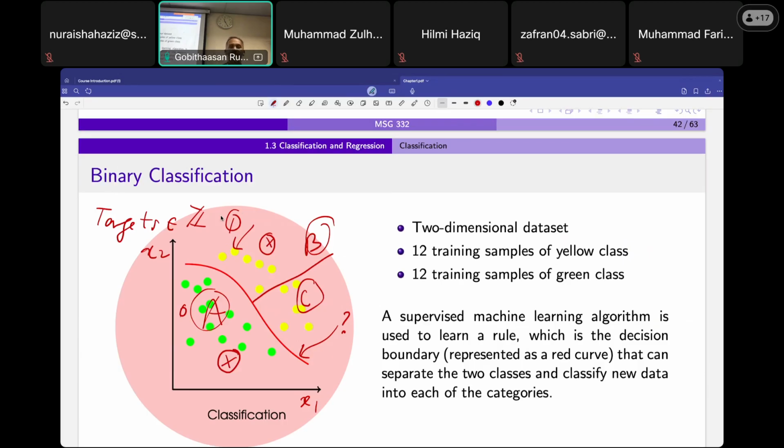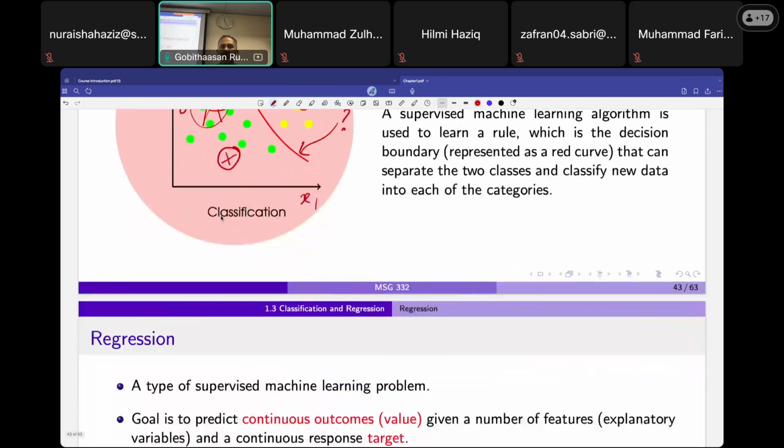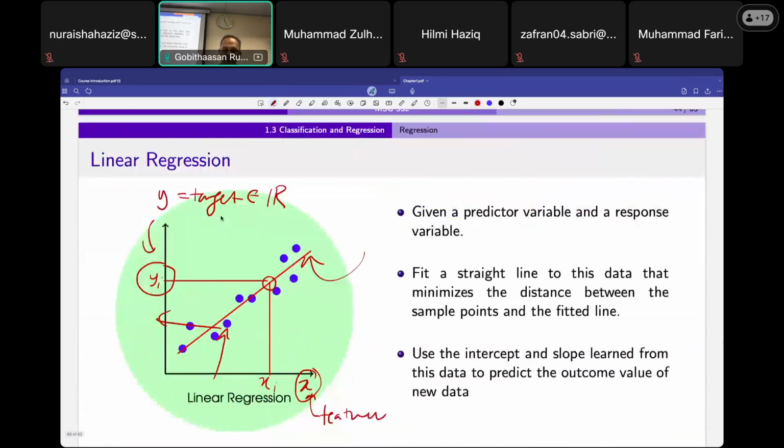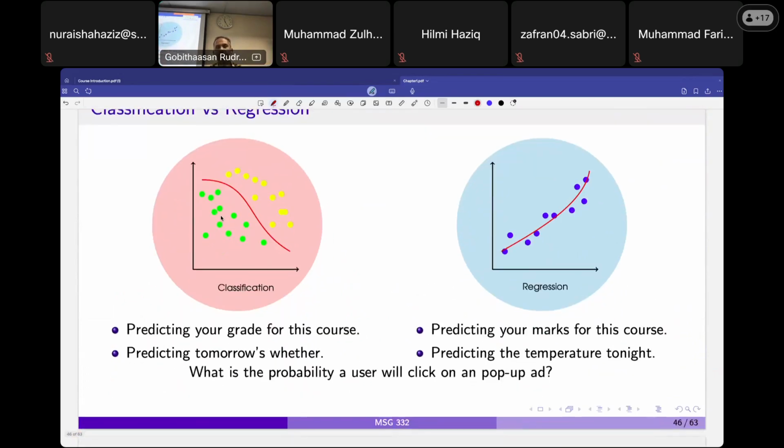If your target is in the form of classes, you do classification. If your target is in the form of real numbers, you do regression. This is how you choose what to do. So then you get to see the differences between classification and regression. Chapter 3 is going to be on regression, and then chapter 4 is going to be on classification.